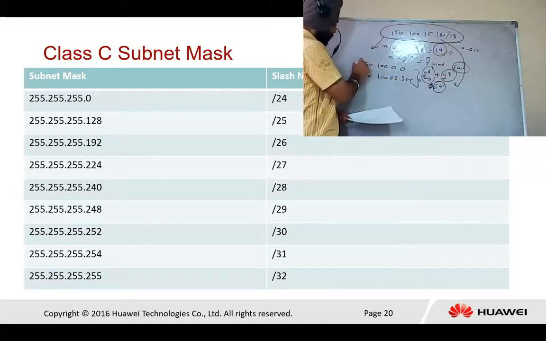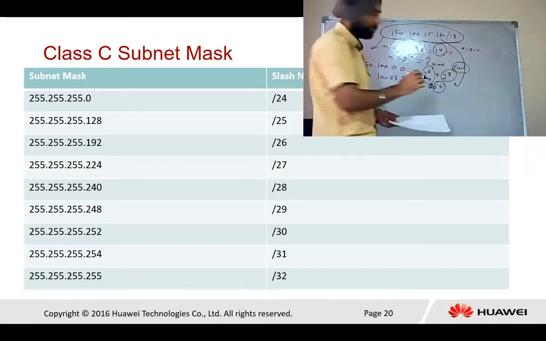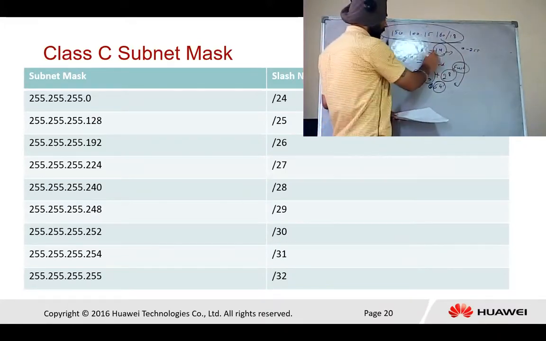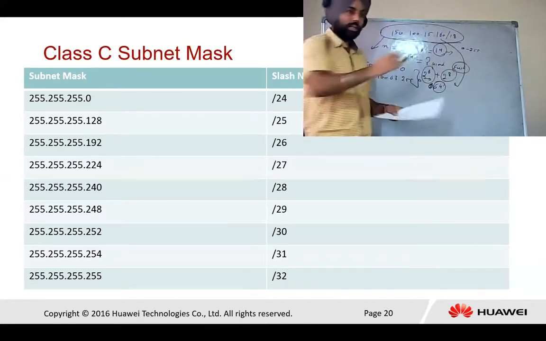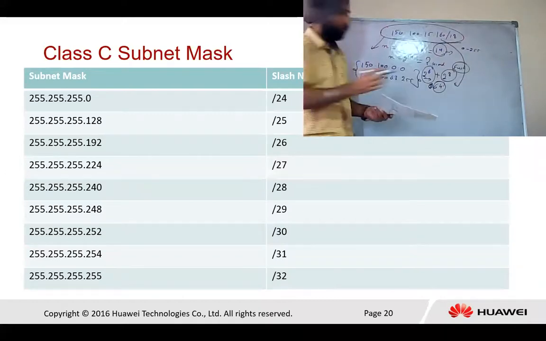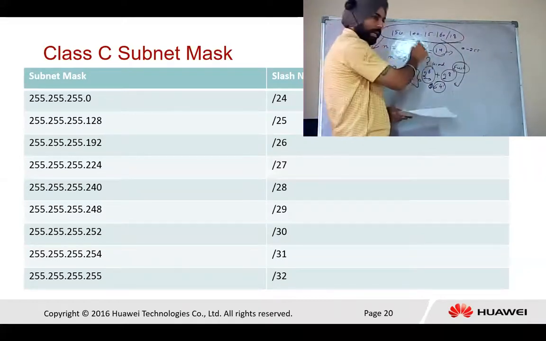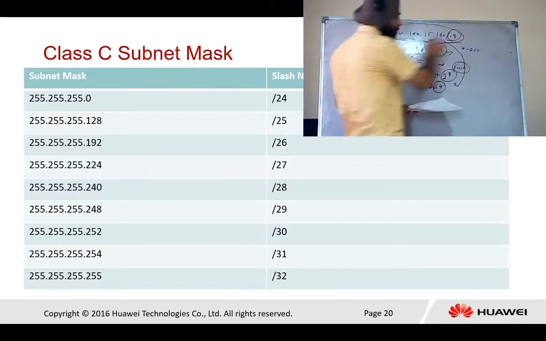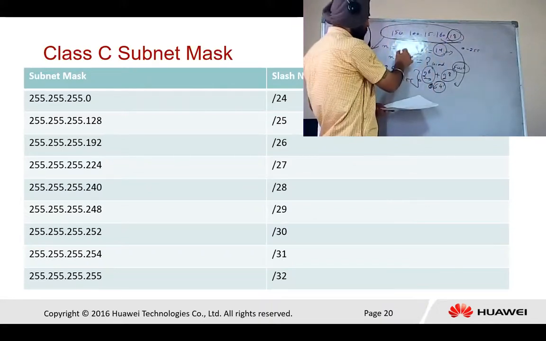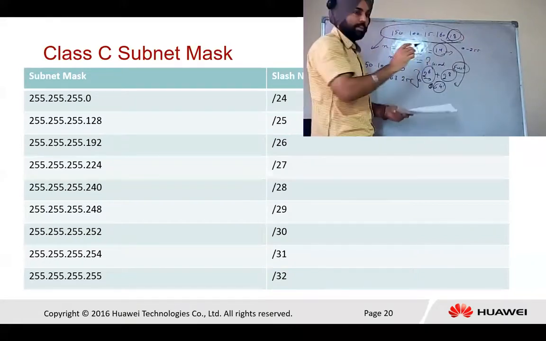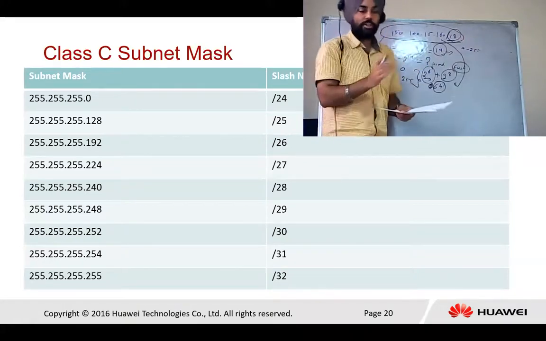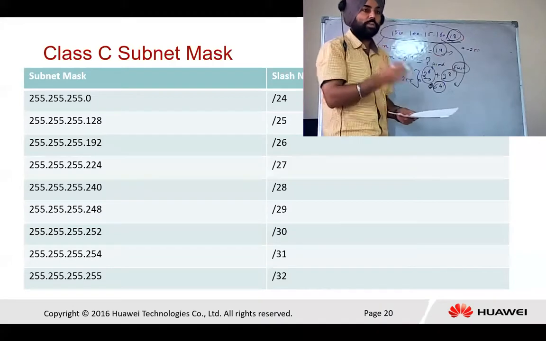How will it come? I'm going to explain again. We find the n value. How do we find the n value? n is equal to 32. 32 means the total length of the IPv4 address. What is 18? 18 is our slash notation. That means 32 minus 18 is equal to 14. 14 means our single octet contains a maximum of 8 bits.